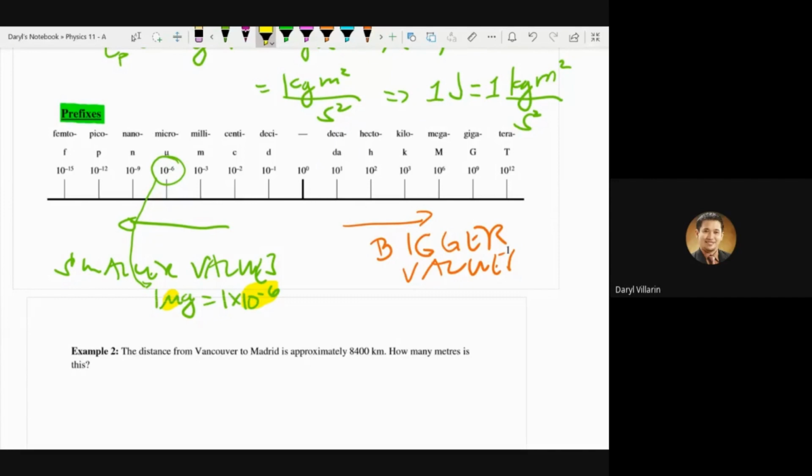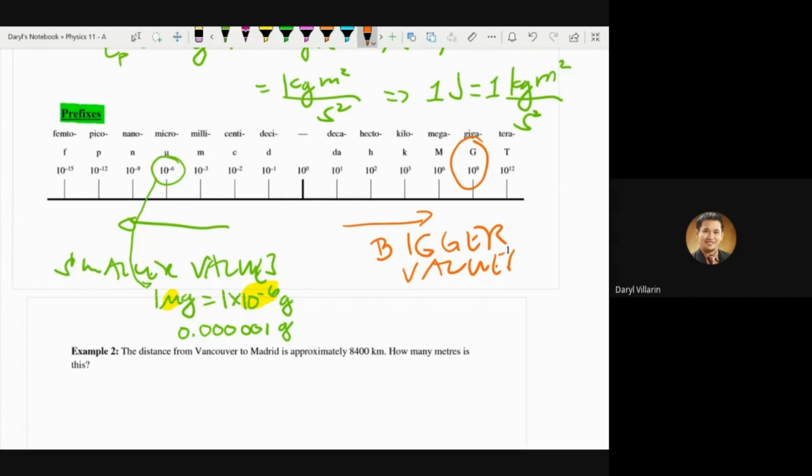If you remember your scientific notation, this is equivalent to 0.000001 gram.